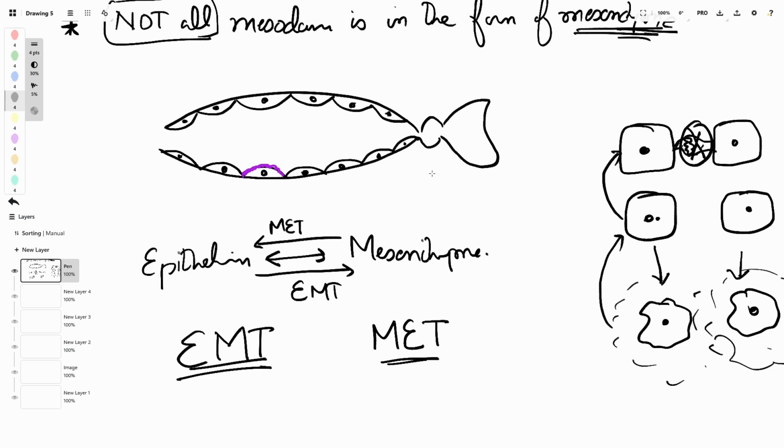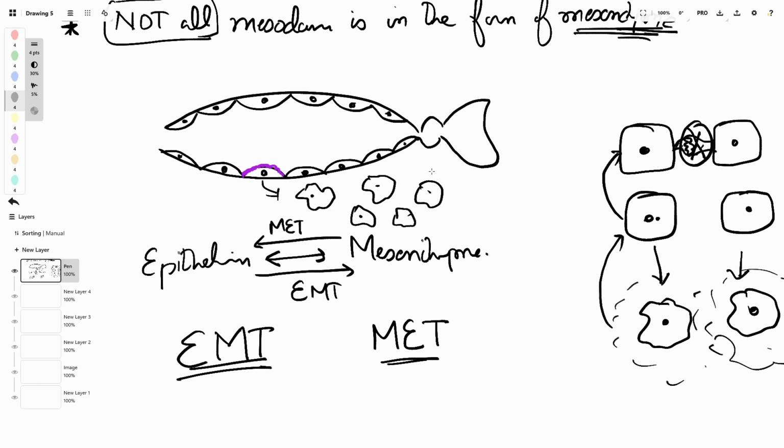So with this process, these lateral plate cells proliferate, and some of them undergo epithelium to mesenchymal transition to form mesenchyme. And this mesenchyme goes to different places. It goes to the limb buds, for example, to contribute towards the formation of skeleton. It also contributes towards the formation of the connective tissue of the muscles of your limbs, and so on.